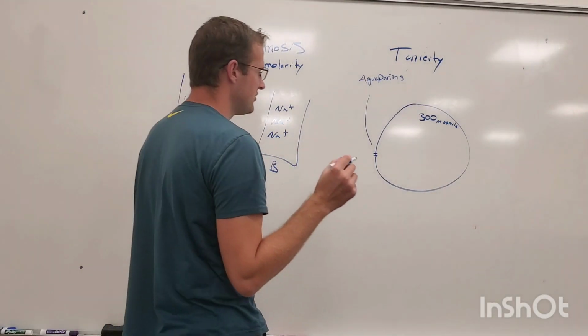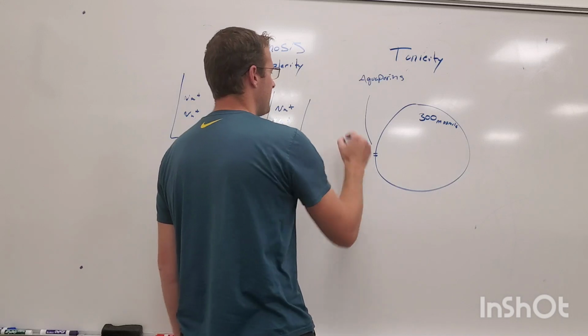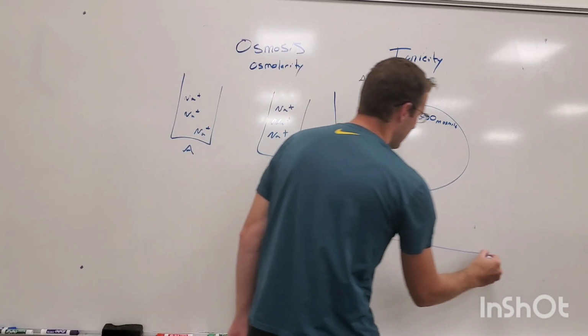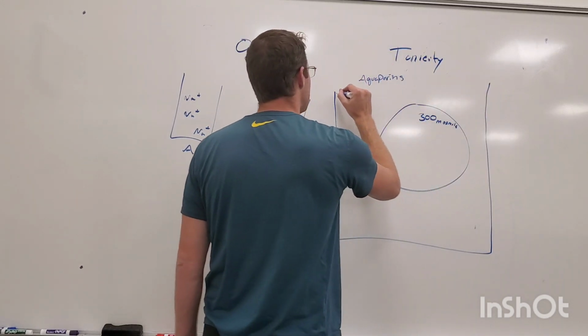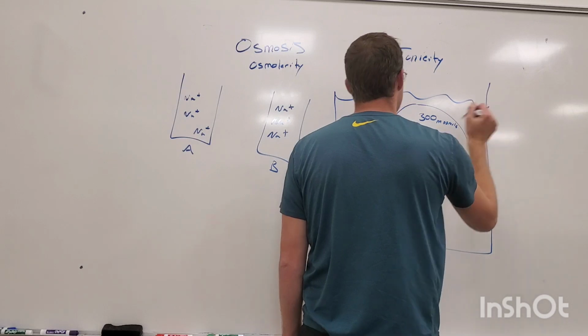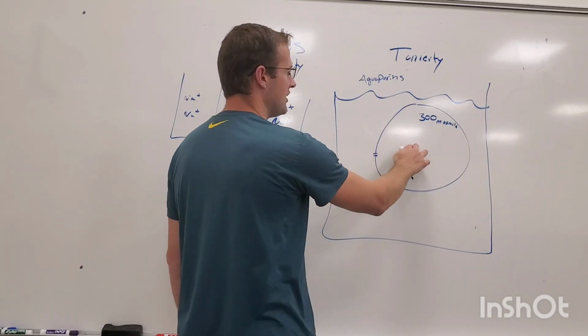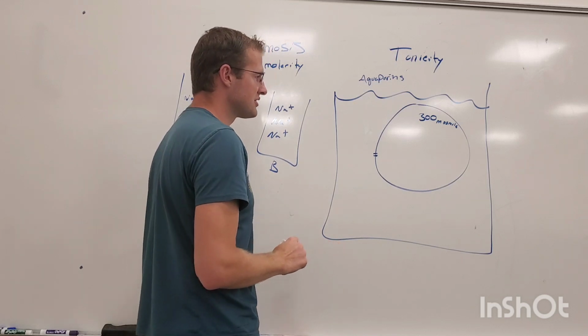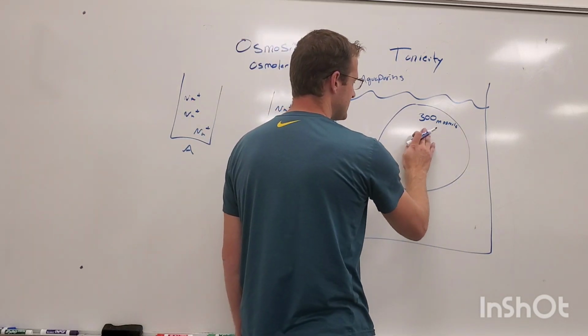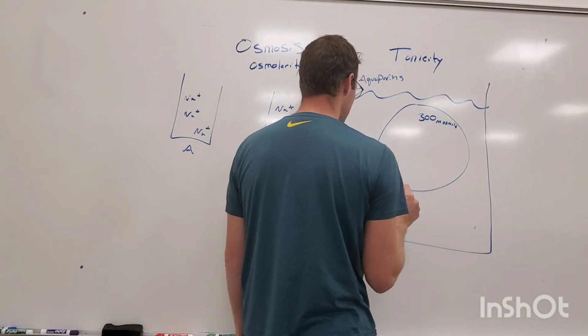So if we have a solution, here is our big solution, and we place a cell in it, and the body cells are usually around 300 milliosmolar. That's the measurement that we give them.